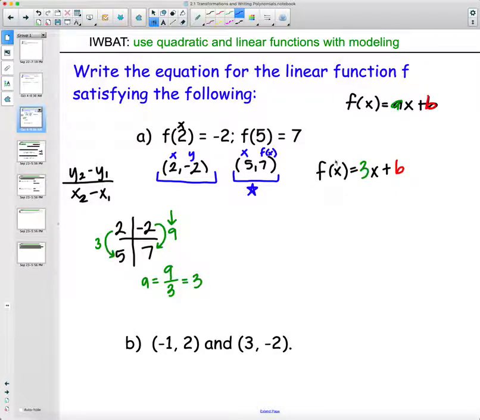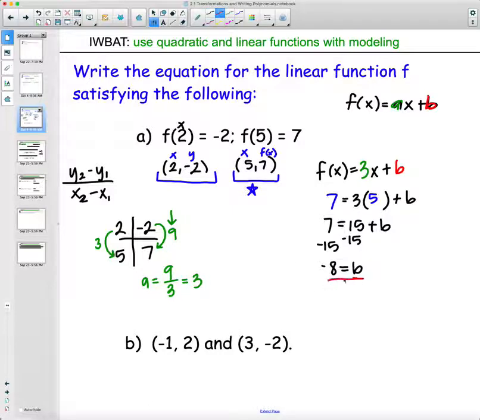So the output is 7 equals 3 times the x value of 5, and then plus b. So 7 equals 15 plus b. Solve that by subtracting 15 from both sides, and you get -8 equals your b value.